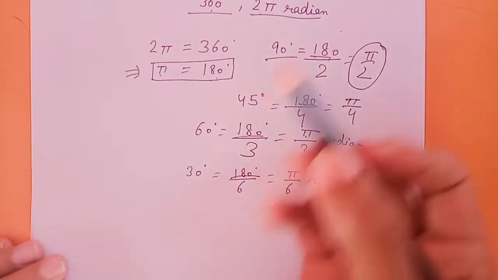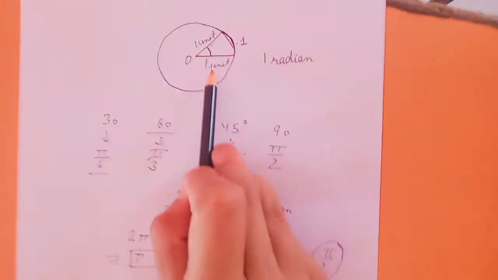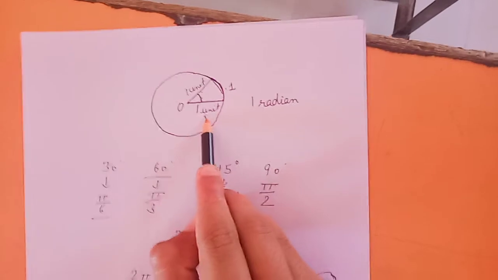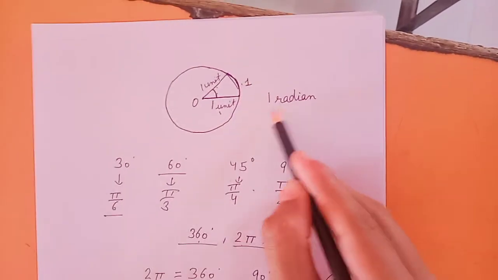Now, if we have a circle of radius 1 unit with an arc of length 1 unit, it forms an angle of 1 radian.